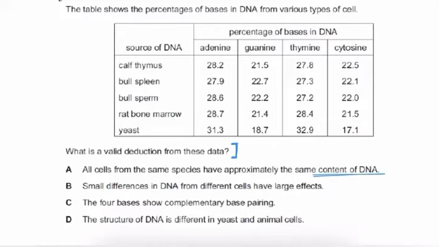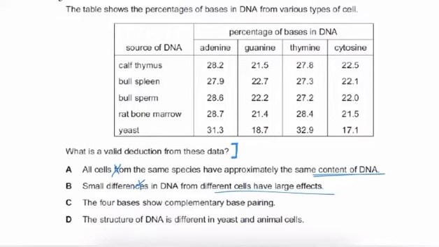So in this data, we don't have the sequence of nucleotides and we don't have the amount. We have the percentages. There's a difference between the amount and the percentage. So the statement A is wrong. Let's move to the statement B. Small differences in DNA from different cells have large effects. The effects are not shown in the data. So statement B is wrong again. It is not consistent with the data.